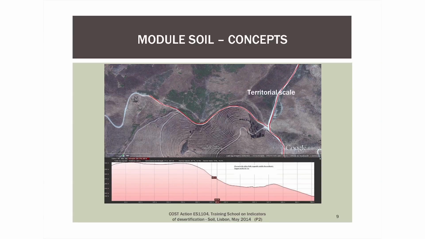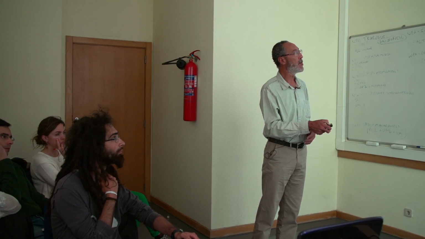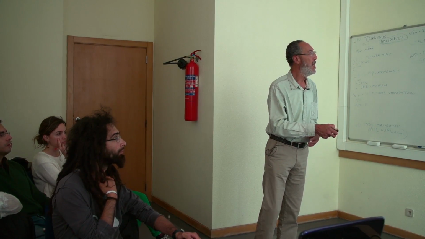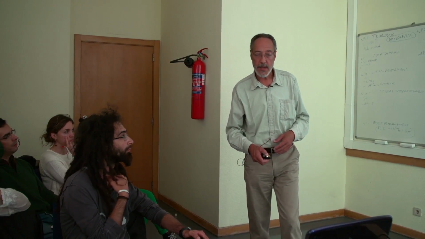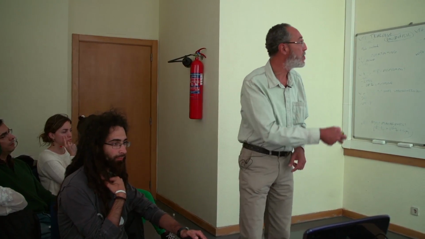Just for materializing what I said, we have an aerial photo in which we can have an idea of the soils and their distribution, in the sense that, for instance, you have here terraces, you have here barren land with rock outcrops, certainly. This is a forest area, and we have also soil when we talk about the soil profile.